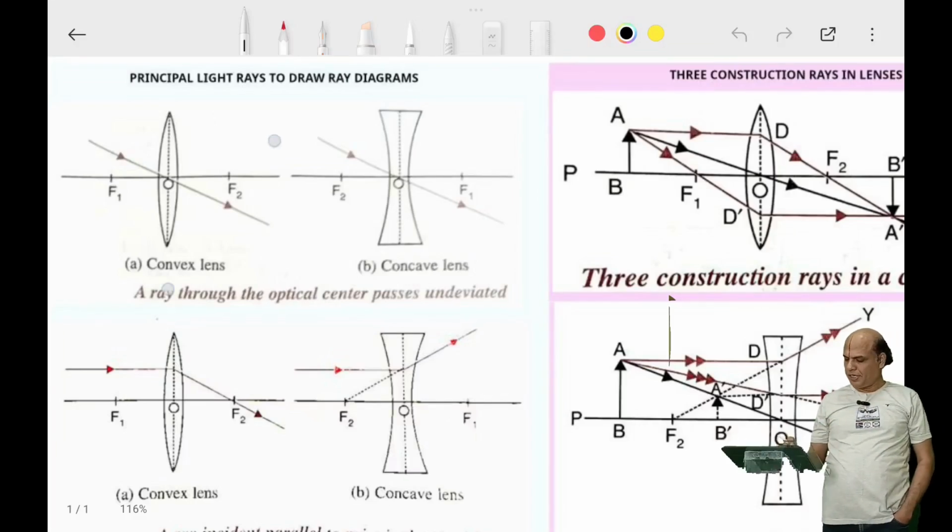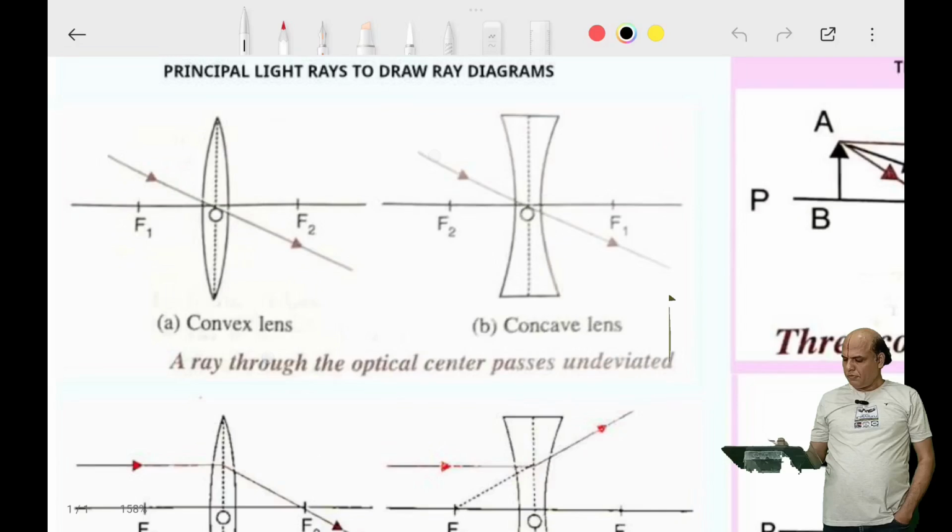If you see on your screen, the first kind of principal light ray is: if any incident light ray passes through the optical center of the lens, then it is refracted without any deviation.